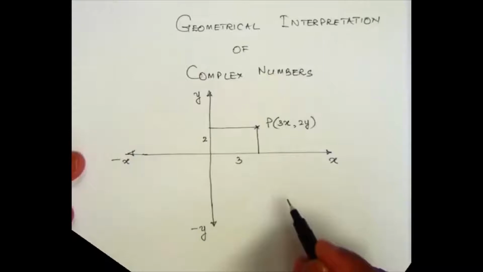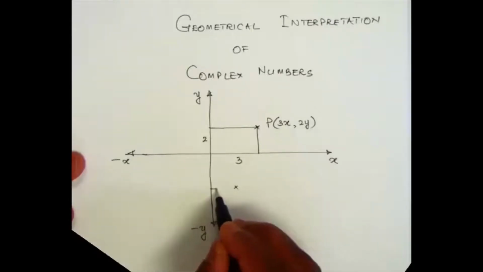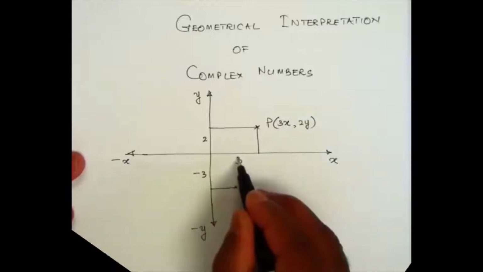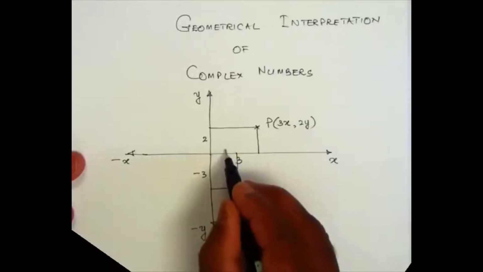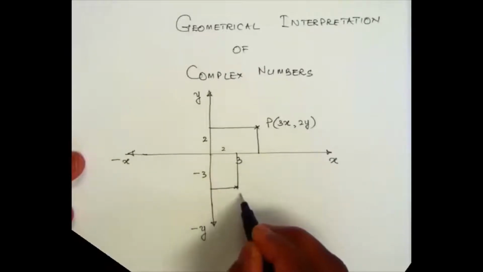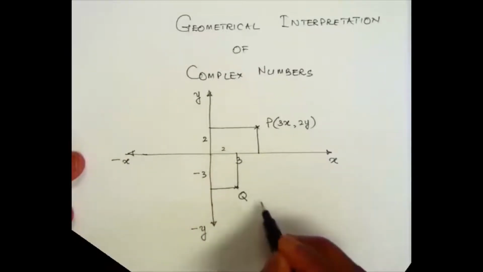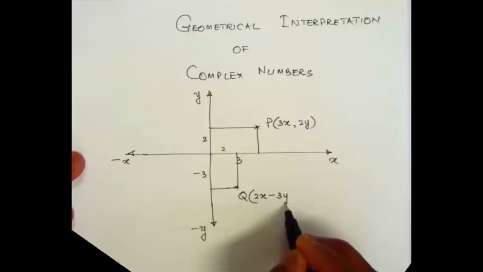Likewise we can have another point here, say Q, where this distance is -3 and this is positive 2, so it can be represented as -3 on x and 2 on y.